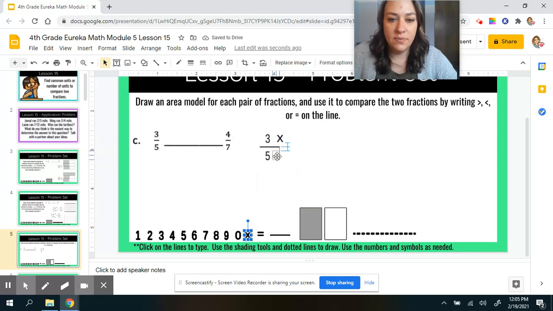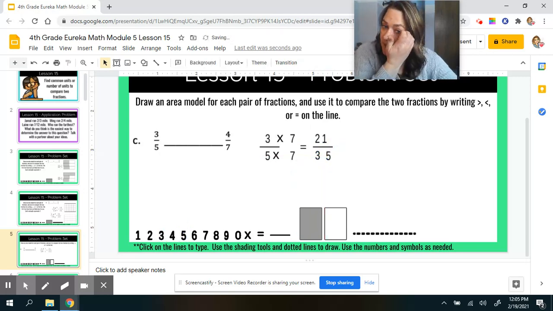So for 3/5, we're going to multiply our numerator and denominator by the opposite denominator, which is 7. 7 times 3 is 21. 5 times 7 is 35. So 21/35.